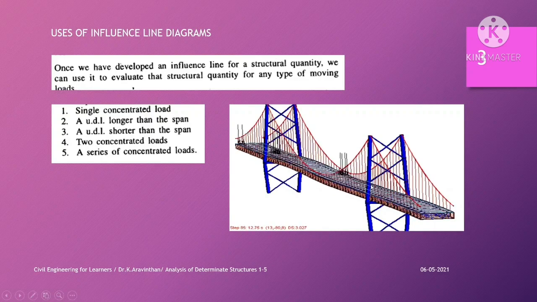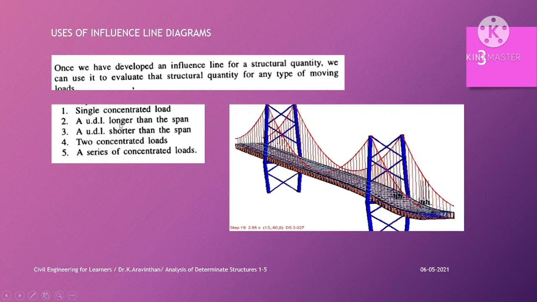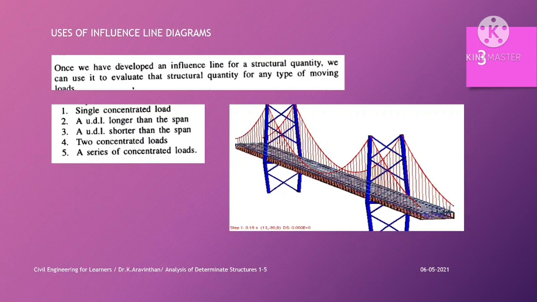If 100 vehicles are moving, that much wheel load will be taken through this structure. That is why, to identify the bending moment and other structural parameters, this influence line can be used.